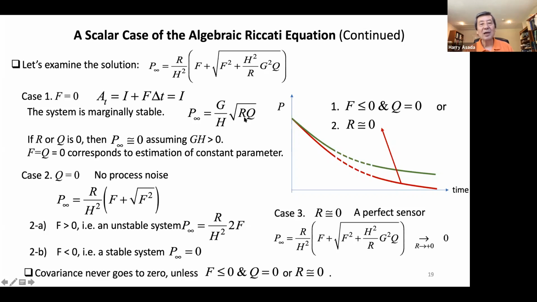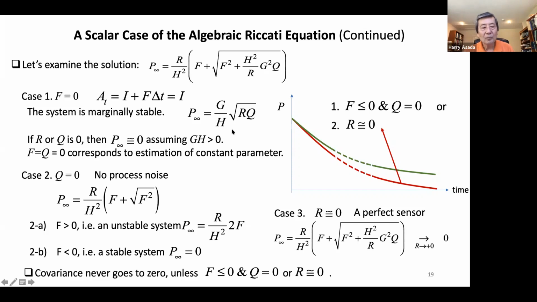This makes sense. A higher value of R means that your sensor has more noise, and the noise variance is higher. Q is the magnitude of your process noise, and as you have a higher value of Q, you get a worse result in terms of the state estimation error.